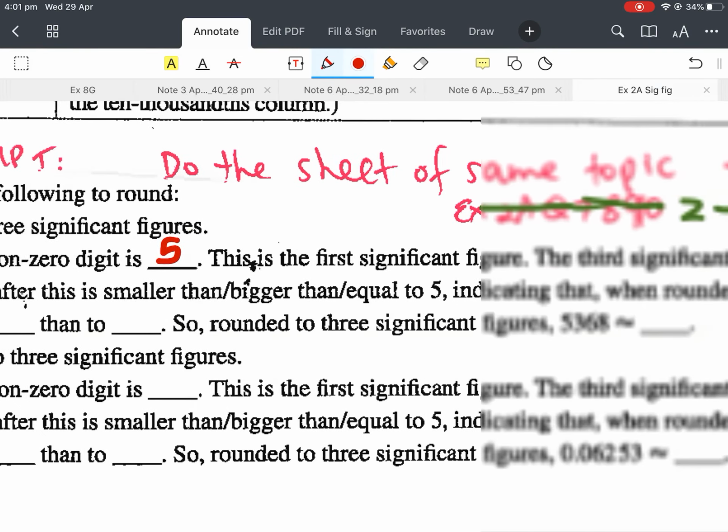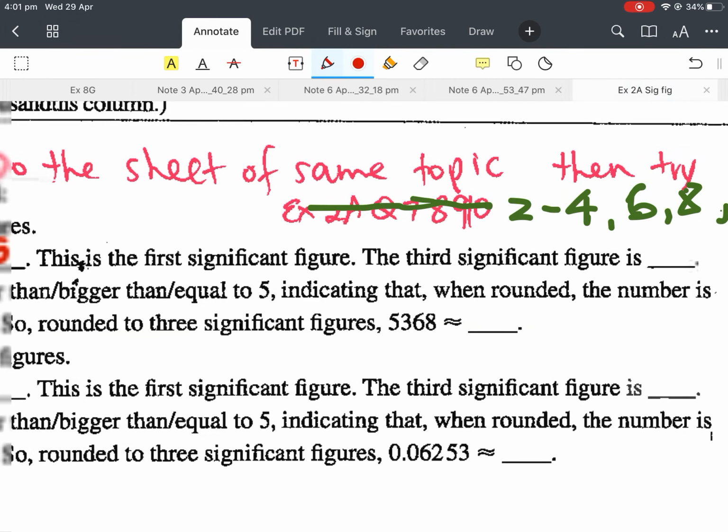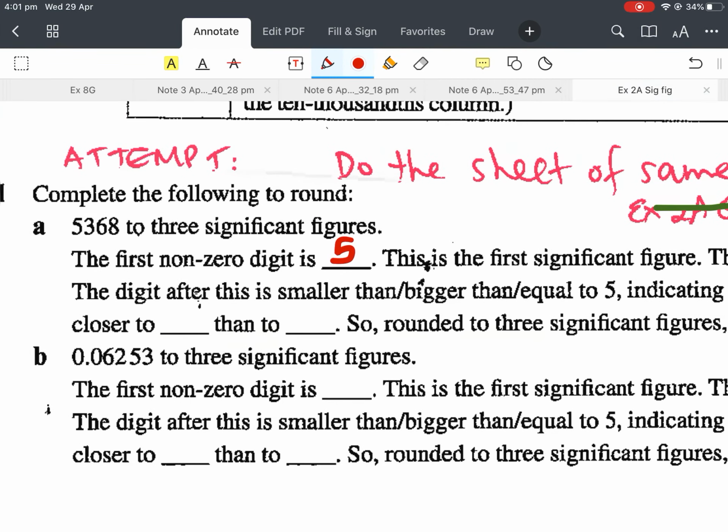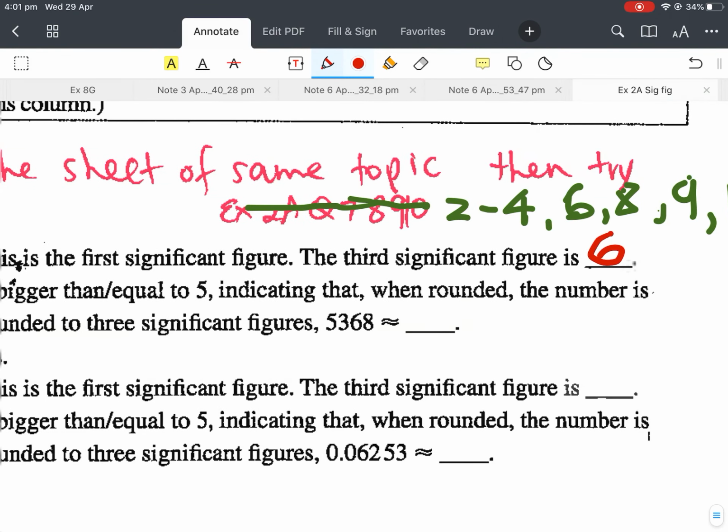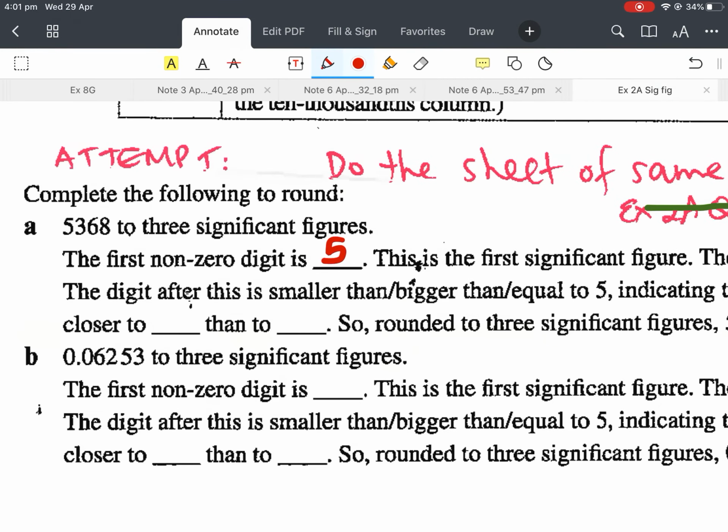Okay, this is the first significant figure. The third significant figure is, 5 is the first, 3 is the second, so 6 is the third. Okay, and then the digit after this is smaller than, bigger than, or equal to 5. Well, it's an 8. So it's bigger than, isn't it?